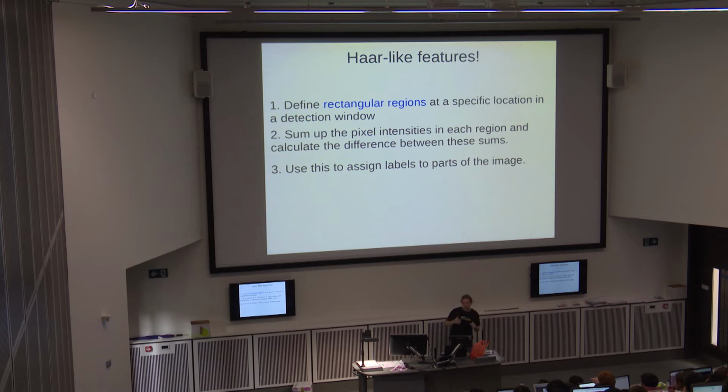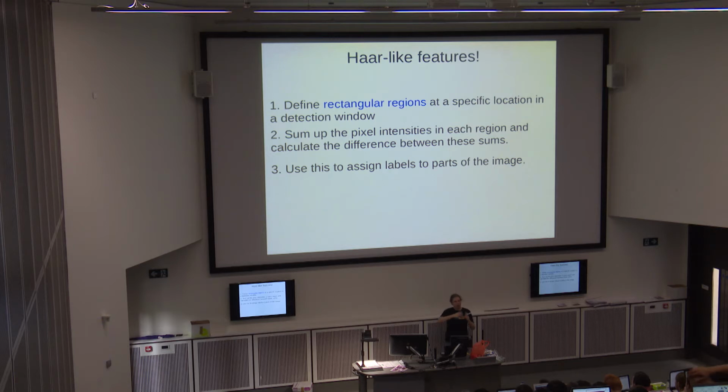And usually faces, most faces, do fit in a rectangle. Then what you need to do is you sum up the pixel intensities in each region. So what this actually is, you know that pixels have the brightness of the pixels, and different regions of the face have different brightness for the pixels in that region.